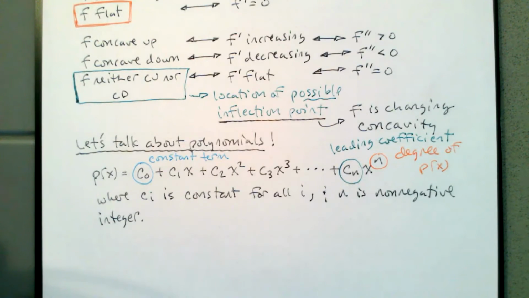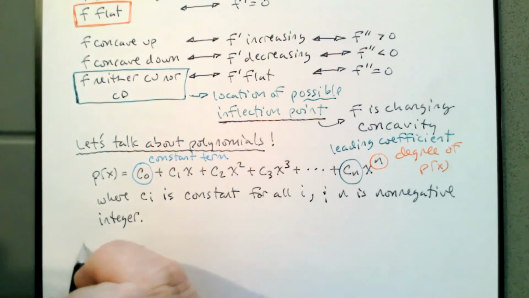Let's talk about some things that we know about polynomials. Sometimes this is referred to as the end behavior of a polynomial, even though polynomials don't have any ends. What we're referring to is what happens when x goes to infinity and what happens when x goes to negative infinity.